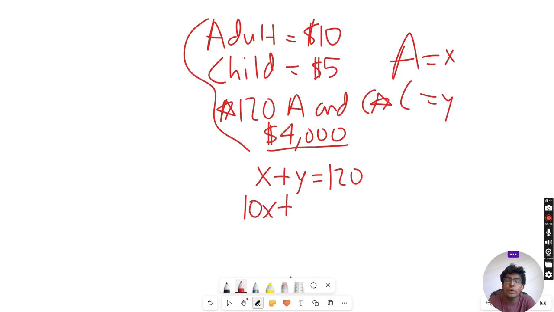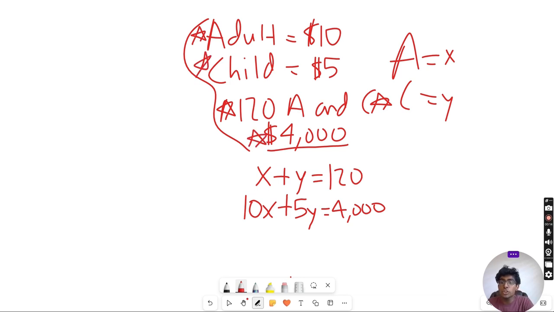The revenue from child tickets is 5 times the number of kids. If we sell 5 kid tickets, we get $25, since 5 times 5 is 25. And since the total we made from both is 4,000, that's what this equation is set equal to.